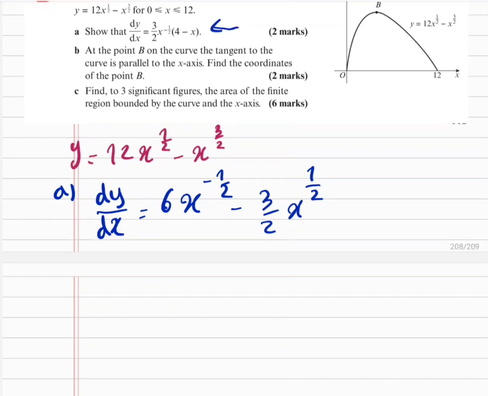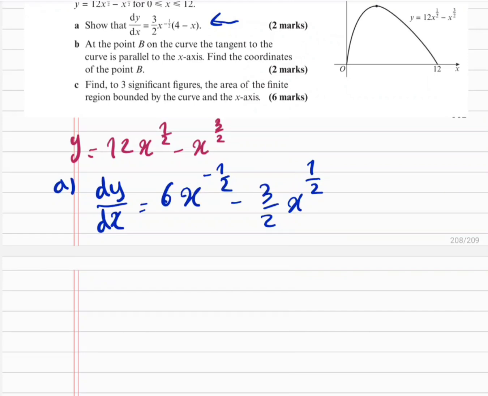So we need to factorize. We can take a factor of 3 over 2 x to the power of half. So we can use what they have given us, even though it's very obvious. Inside is just going to be 4, because 4 times 3 is 12, divided by 2 is 6, which gives us exactly the first term, 6x to the power minus a half.